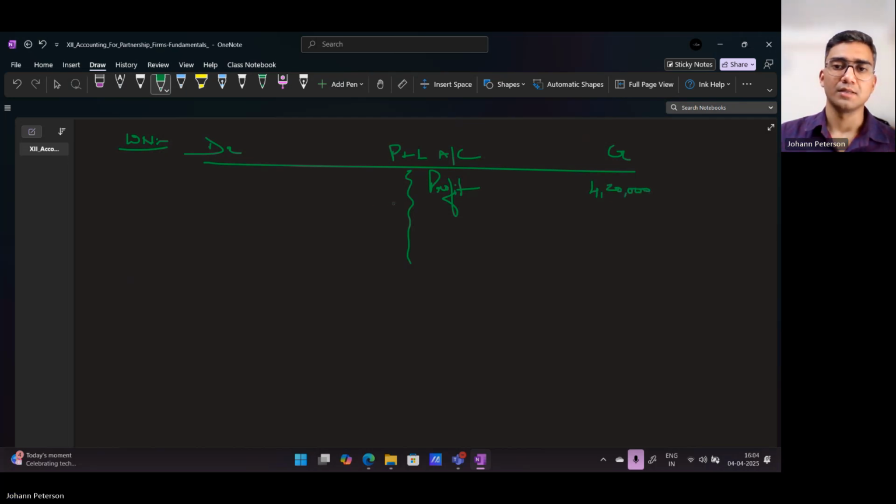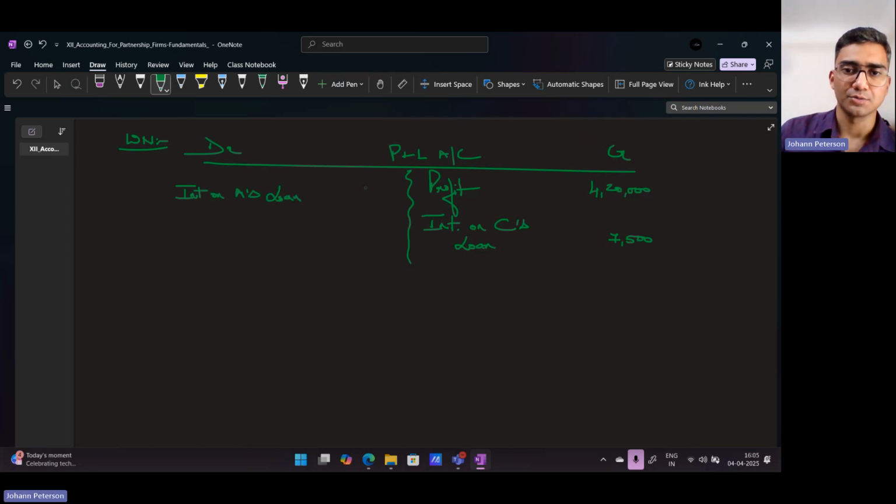It is 4,20,000. Then in the P&L account, whatever incomes are coming to us, which is interest on, here it was C's loan. That was our income. And we saw it was 7,500. We also saw that we had to pay interest to A. So interest on A's loan. That amount was 3,000.